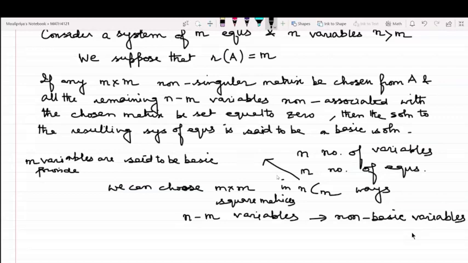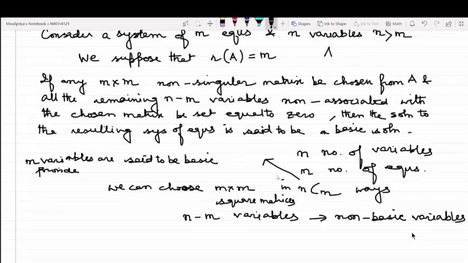And what is meant by a full rank matrix? Full rank matrix implies the determinant value would be... I should expect an answer from you. When do we say that rank of A becomes equal to m?